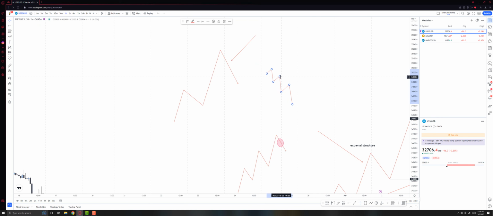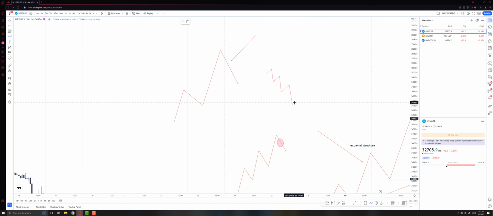So when is the right time for you to look for a buy? Just a quick example here. If the market is in an uptrend, but the internal structure is in a downtrend, you need to wait for the internal structure to switch into an uptrend in order to look for a buy. Even though the market overall is in an uptrend, the minor structure, the internal structure, is in a downtrend.